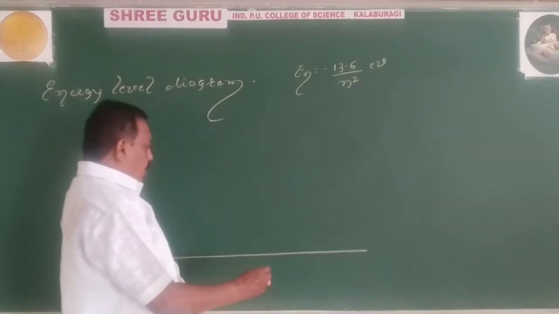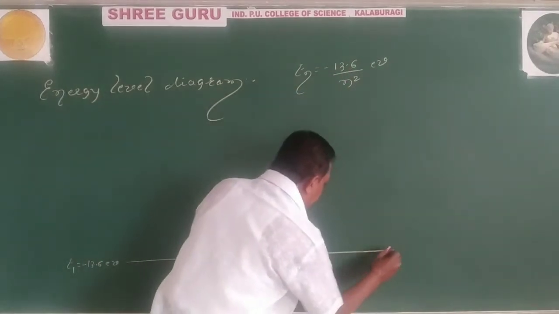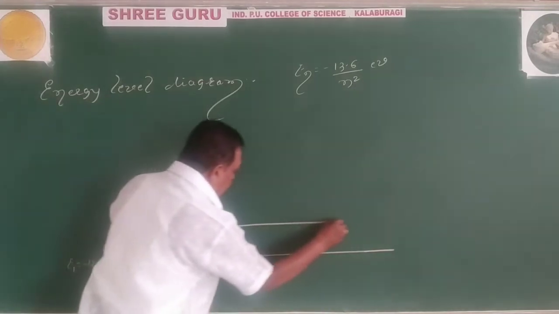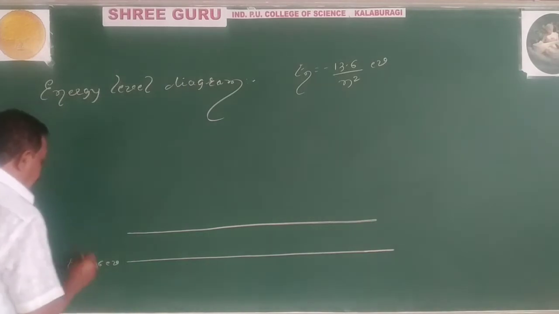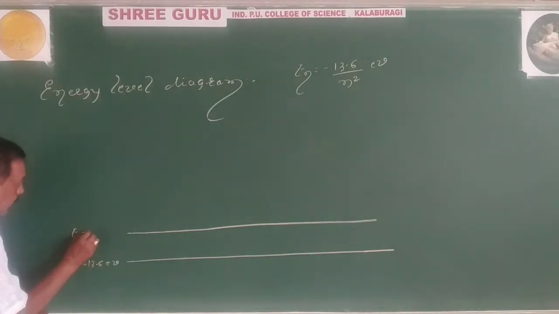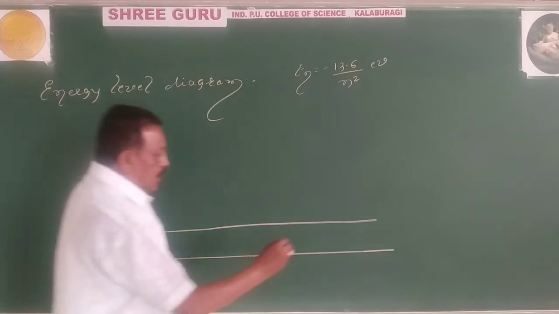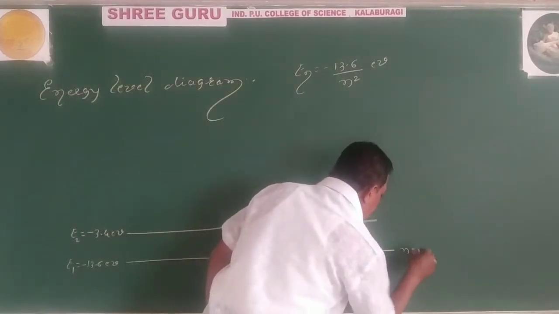That is the first orbital energy. Then I go for the second orbital energy state. n equals to 2, so E2 is equal to minus 13.6 divided by 2 square, 4. That is nothing but minus 3.4 electron volt. This is n equals to 1, lowest energy state, ground state.